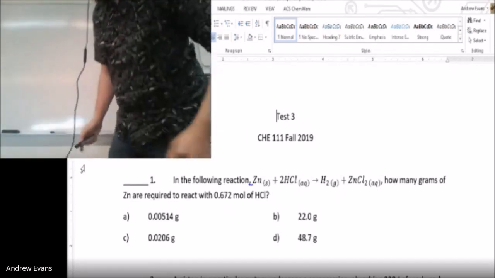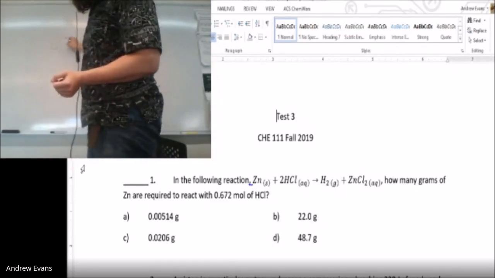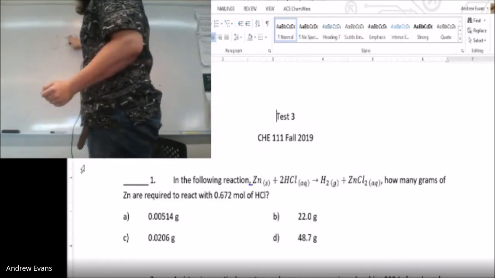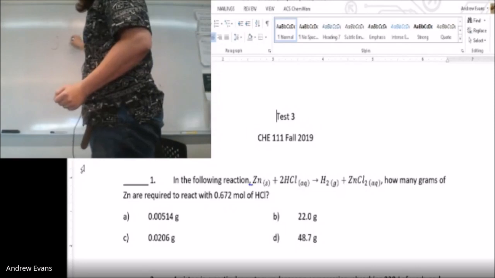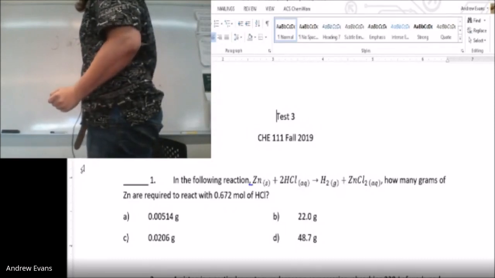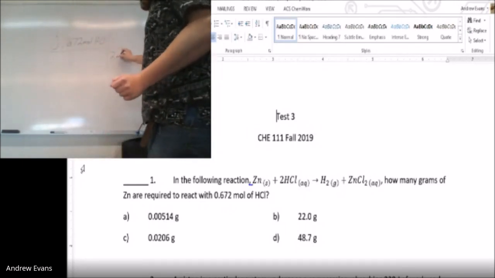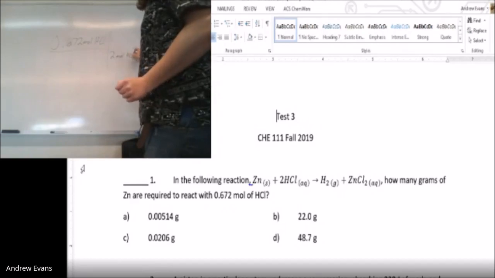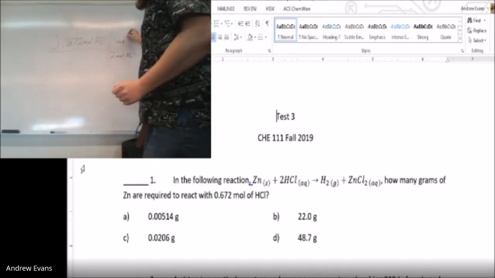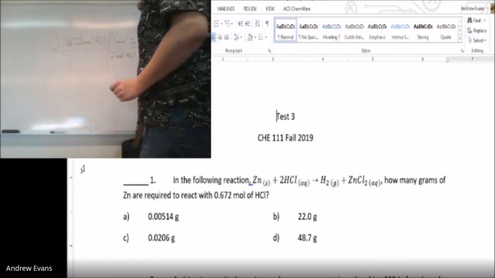Looking at that, 0.672 moles of HCl. For every 2 moles of HCl, we need 1 mole of zinc. And for every 1 mole of zinc, it weighs 65.4 grams.